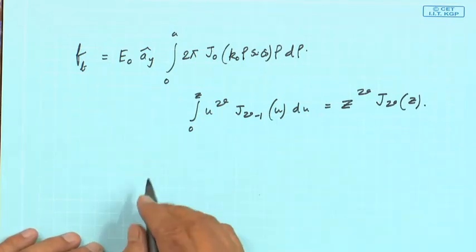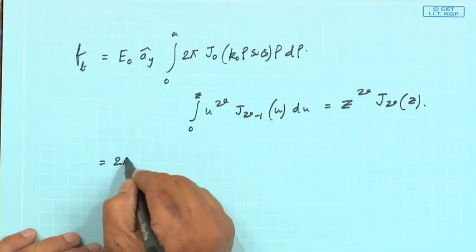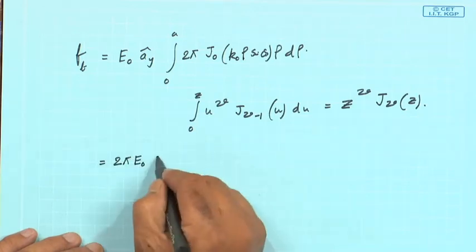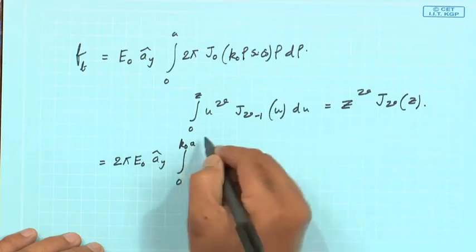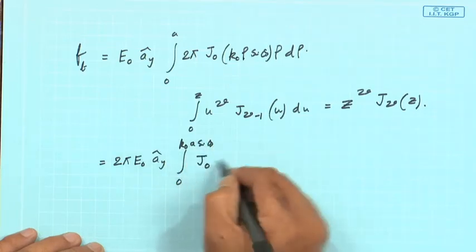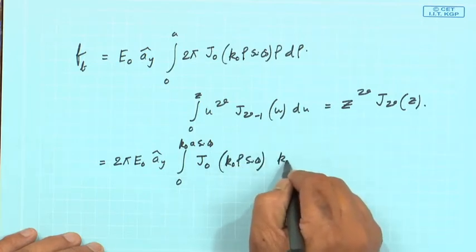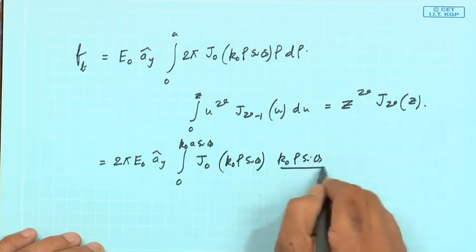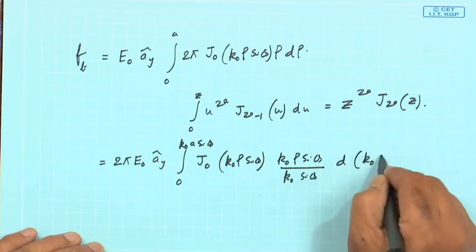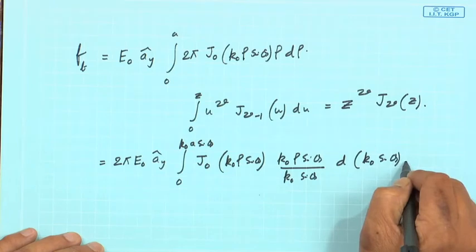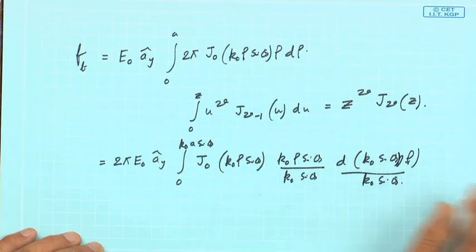With this formula you can find out that this will become 2 pi E0 a_y, integral from 0 to k0 a sin theta of J0(k0 rho sin theta) (k0 rho sin theta) d(k0 rho sin theta) / (k0 sin theta)^2.